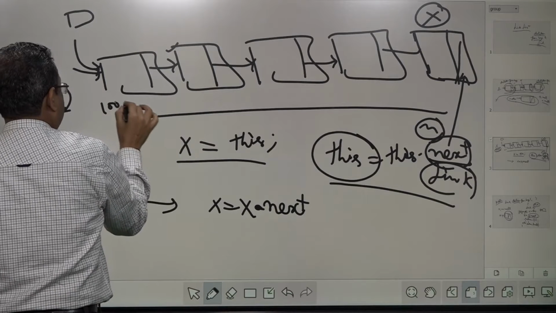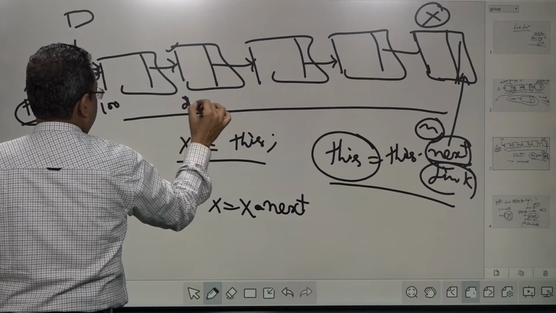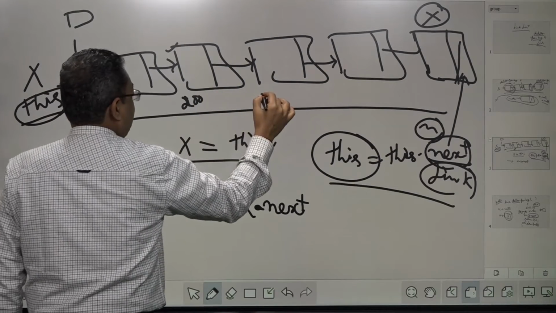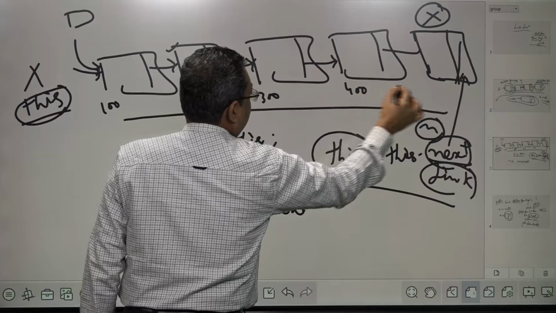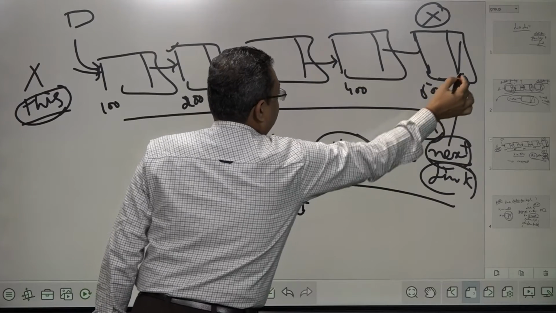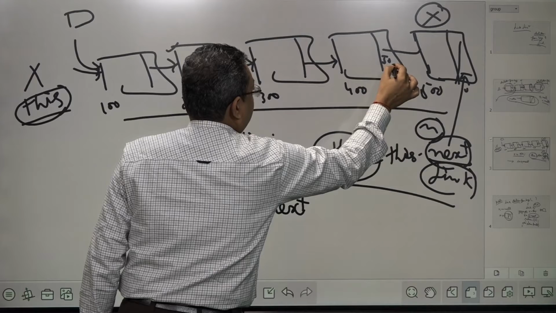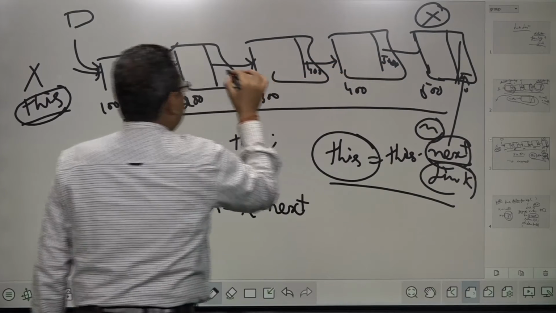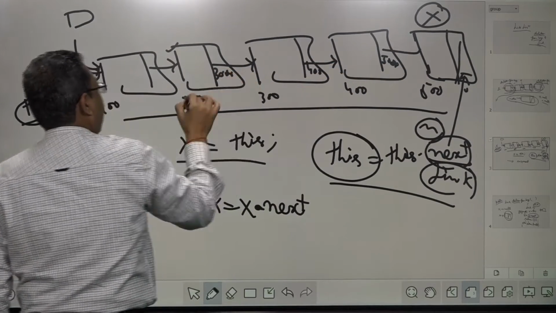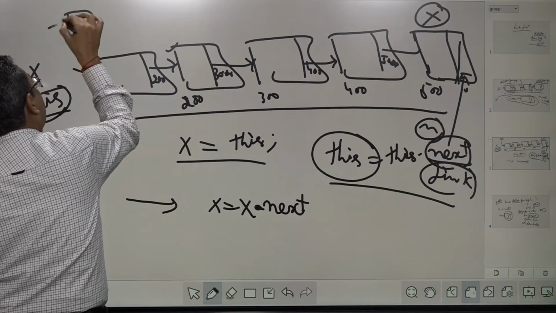Once you write this, it will contain the reference of the next node. Let's assume these references are 100, 200, 300, 400 and 500, and the last one contains 0. Of course, this 500 is stored here as well, 400 is here as well, 300 is here as well, 200 and 100 are here as well.